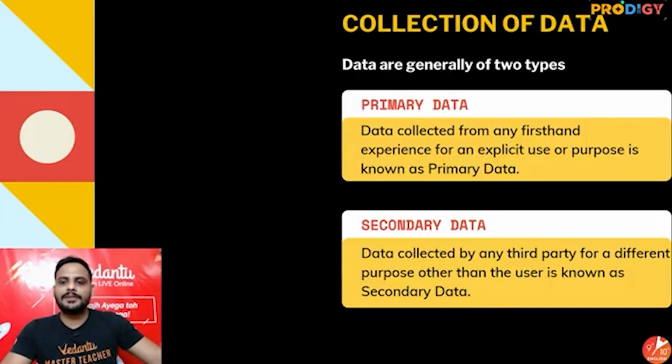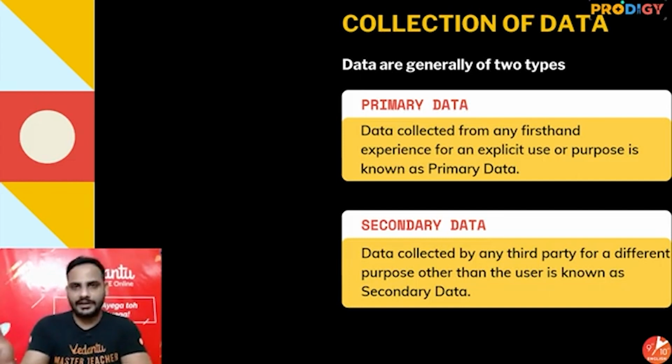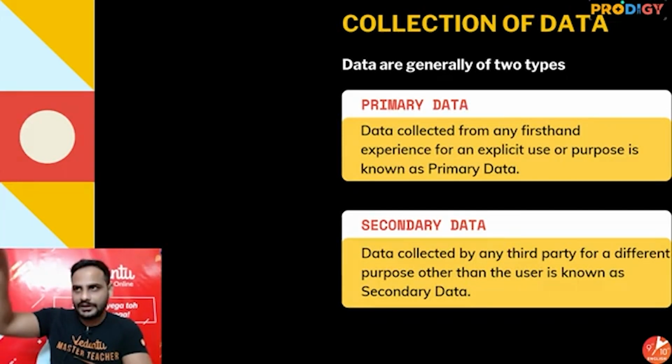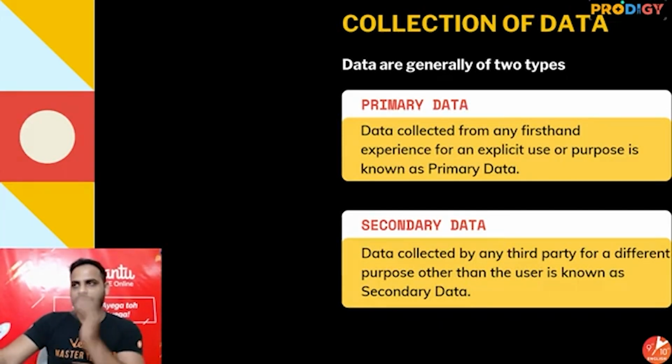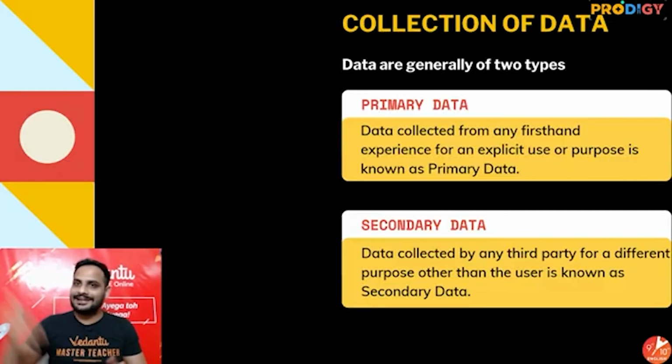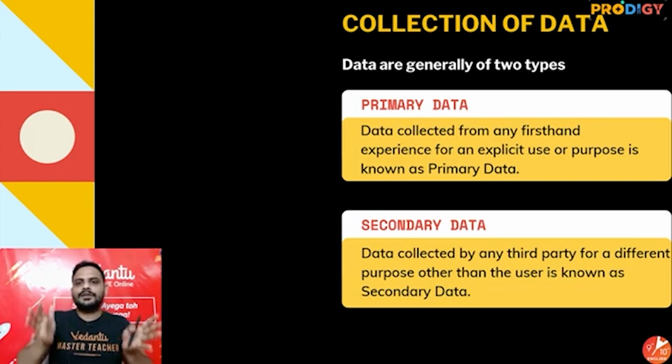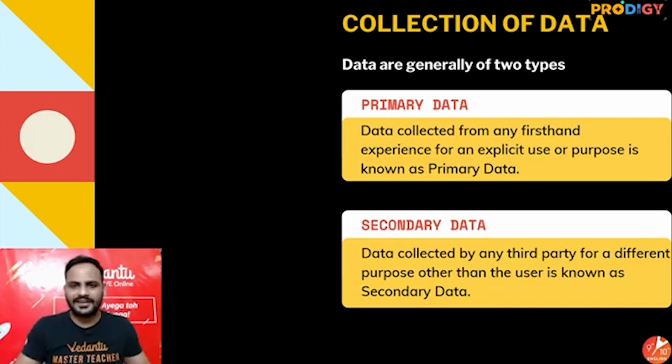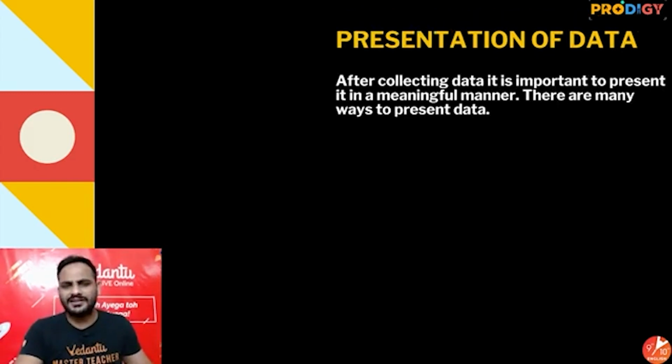And if the data is collected by any third party for a different purpose other than the user's, it is known as secondary data. Secondary data is someone else has collected, we are getting that data, and we are using it for some other purpose. Just theoretical way, nothing of importance over here.